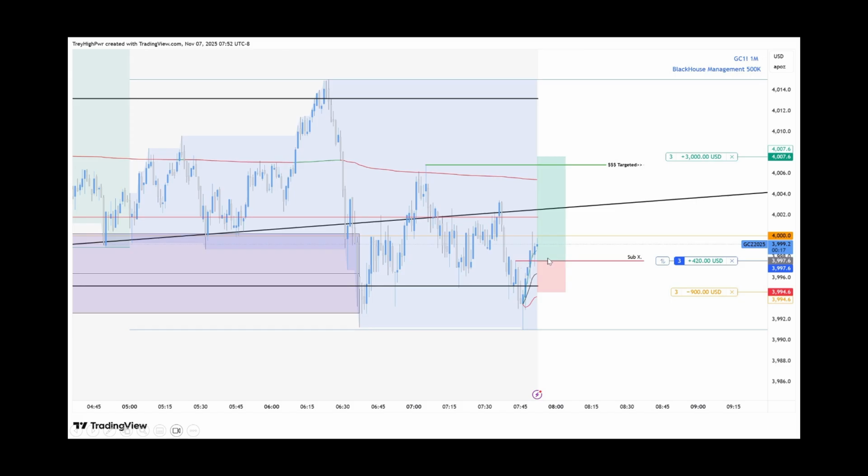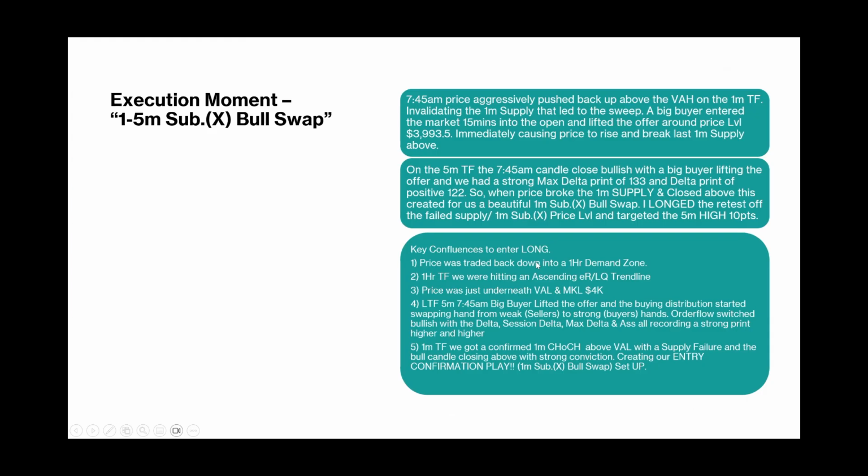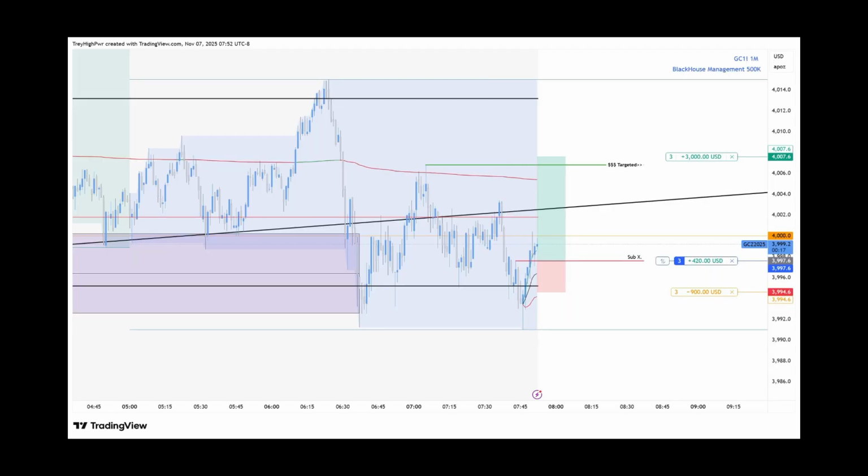Okay, once we got the break above this failed level of supply on the 1 minute time frame, I bought. Okay, and I was triggered in. All right, so once again, this was our entry. Right here off of this failed 1 minute supply, we came up into major key level 4K.